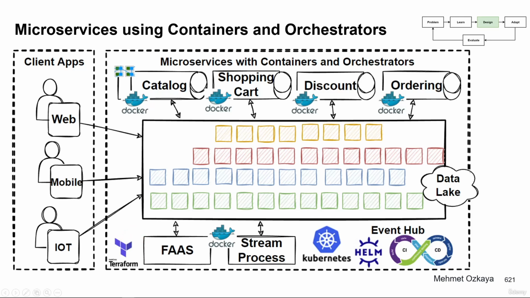As you can see, now we have implemented microservices using containers and orchestrators. All these patterns and principles provide us a set of benefits. For example, automation: orchestrators can automate the deployments for our microservices and provide scalability. Our orchestrator can automatically scale our microservices up or down according to incoming demand from the client applications.